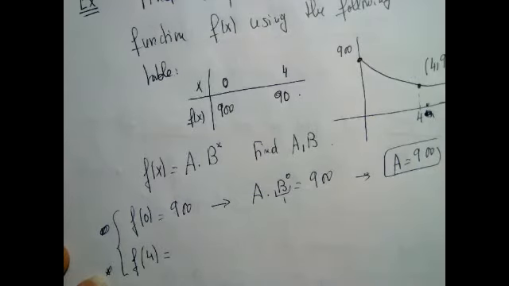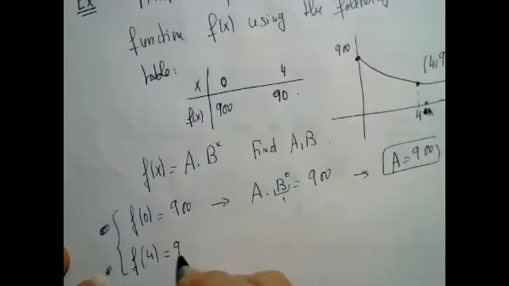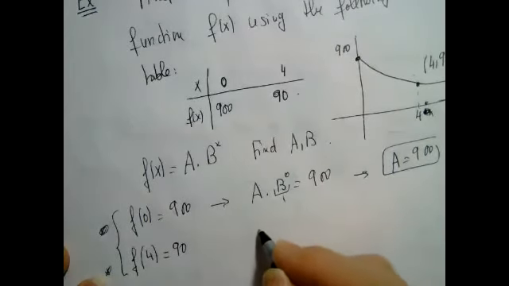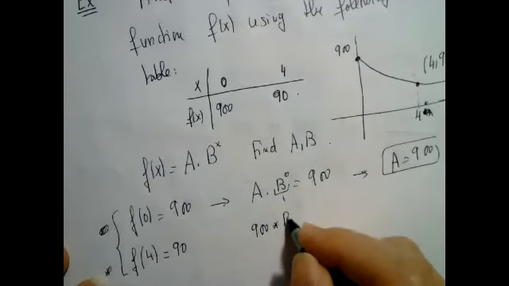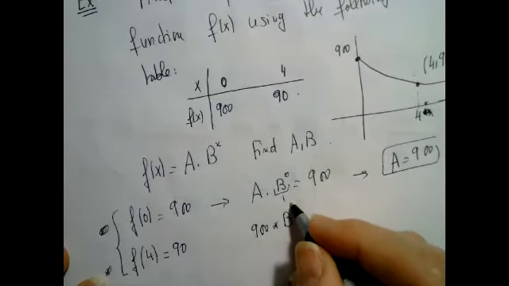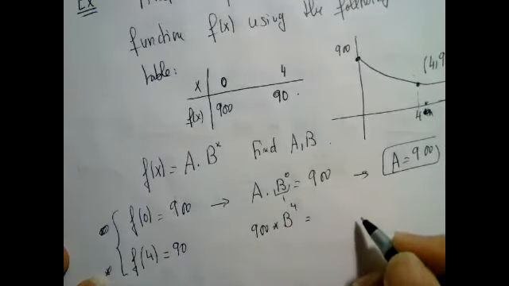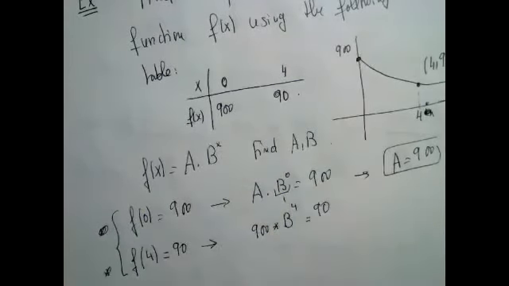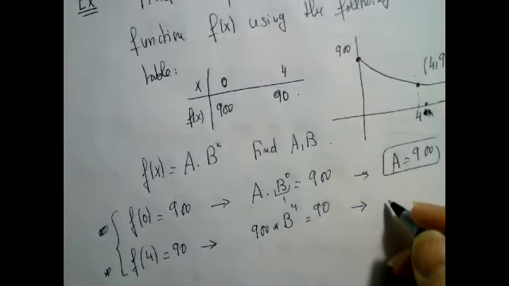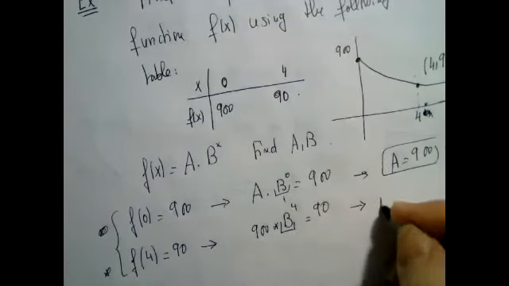Wait, f of 4 is 90. Okay, and then you wrote 900 times b to which power? The 4th, equals 90. Right. All right, keep going. Then I divided both sides by 900. Right, you want to isolate the b to the 4.